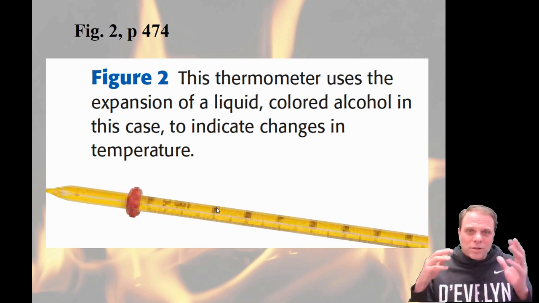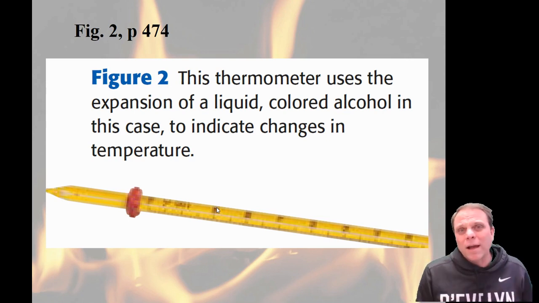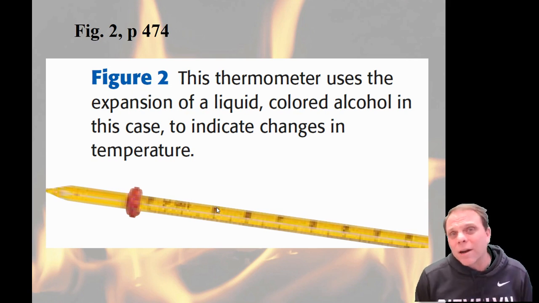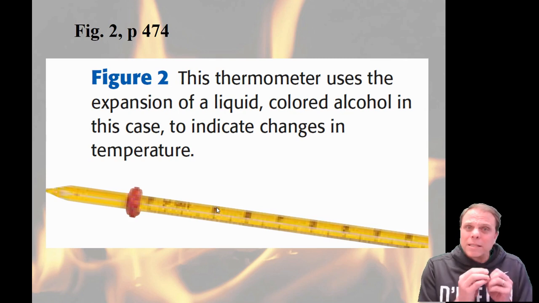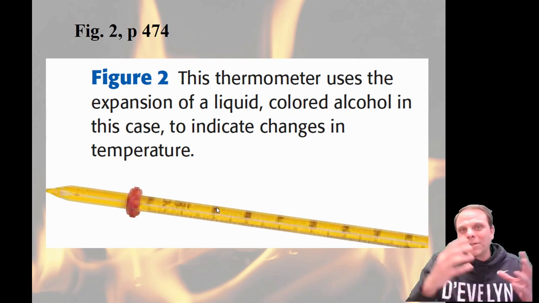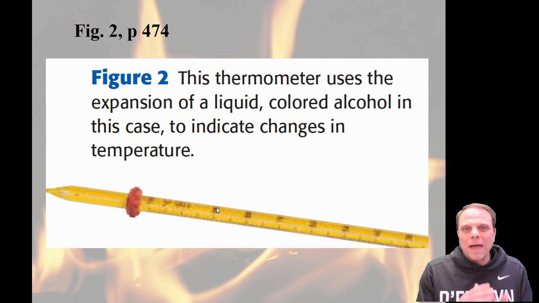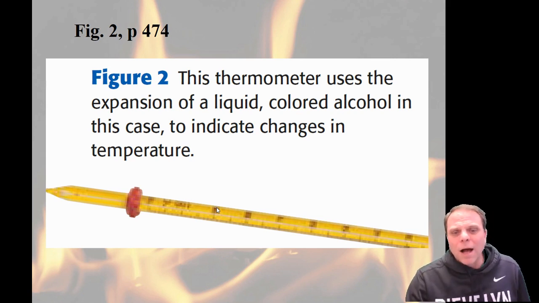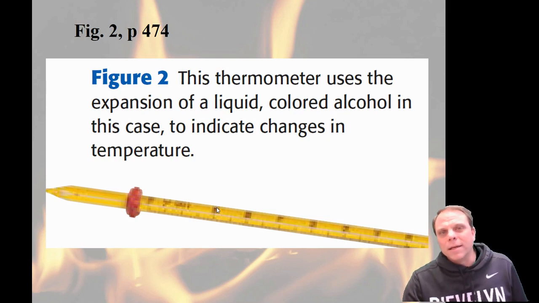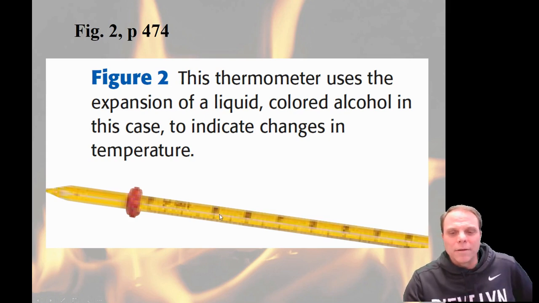Particles strike the outside of that thermometer, and that causes the glass particles to vibrate and move, which transfers that energy into the particles of the liquid. When the particles of the liquid get faster, they start to expand. As they expand, they move up the thermometer scale, and so you see a change in temperature. Thermometers work upon this principle of expansion of a fluid based upon the particles colliding on the outside.